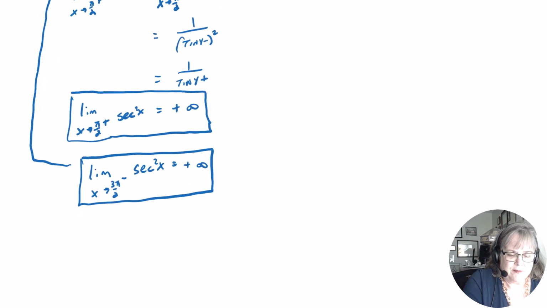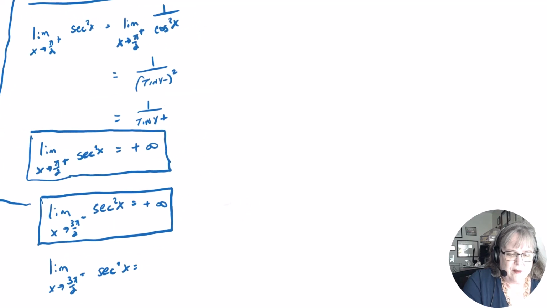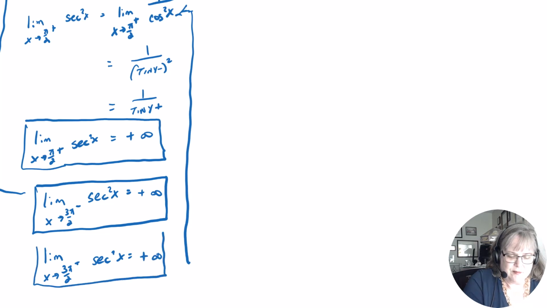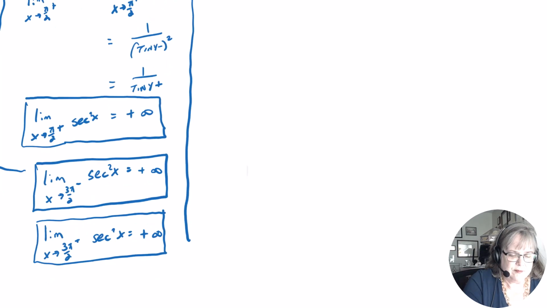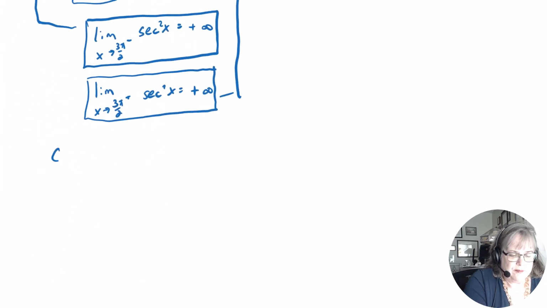And likewise, the limit as x goes to 3 pi over 2 from the right, by periodicity, is going to be related to this one. And so it's going to be positive infinity as well. All right, now horizontal.